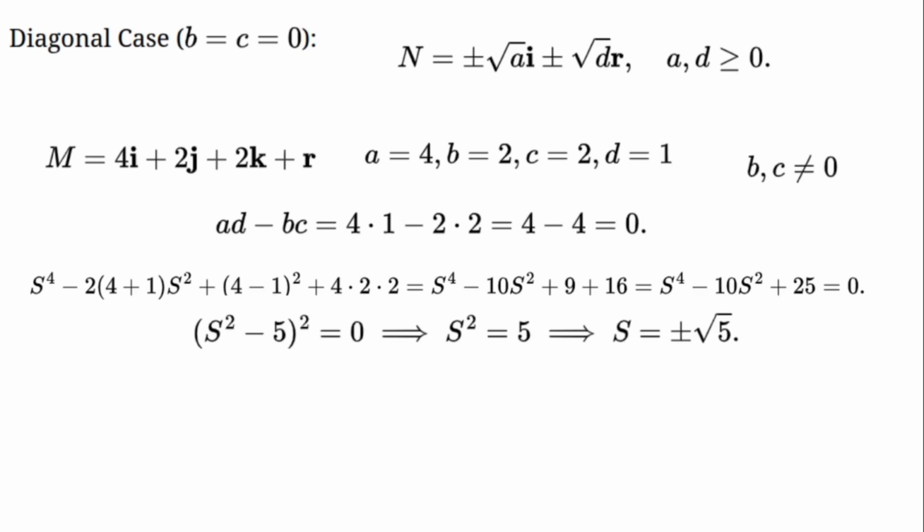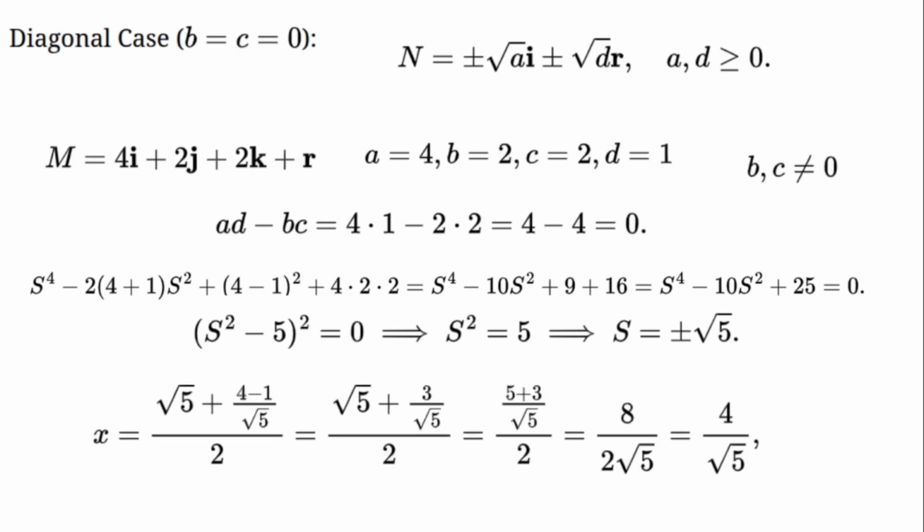For s equals square root of 5, x equals square root of 5 plus 4 minus 1 divided by square root of 5 divided by 2 equals square root of 5 plus 3 divided by square root of 5 divided by 2 equals 8 divided by square root of 5 divided by 2 equals 4 divided by square root of 5.